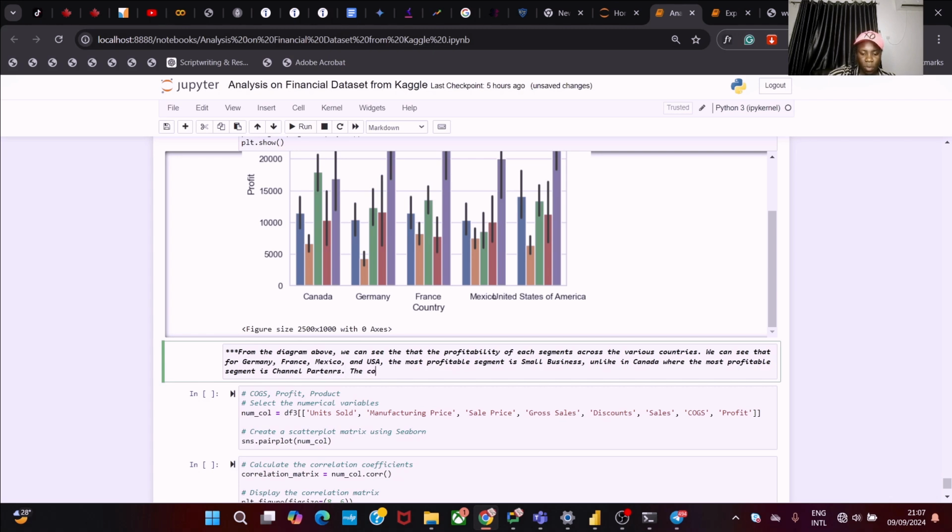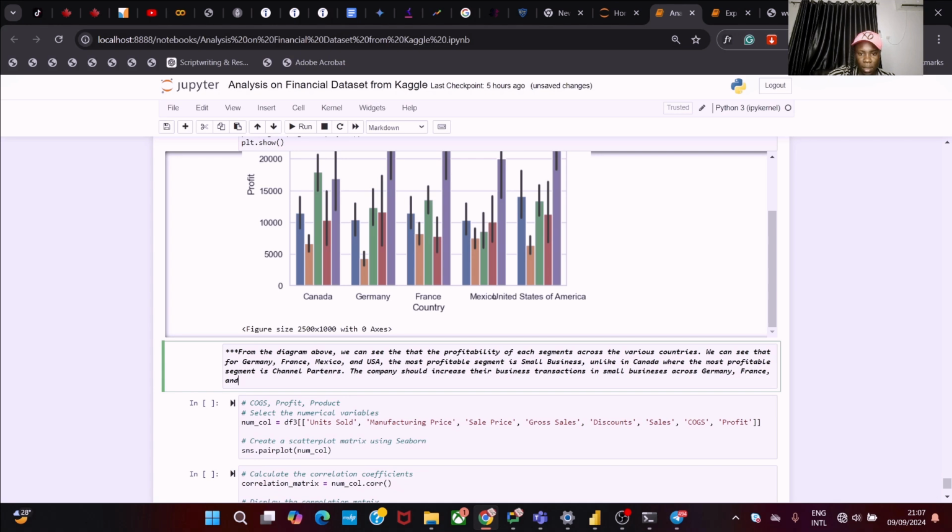The company should increase their business transactions in small businesses across Germany, France, Mexico, and the United States.